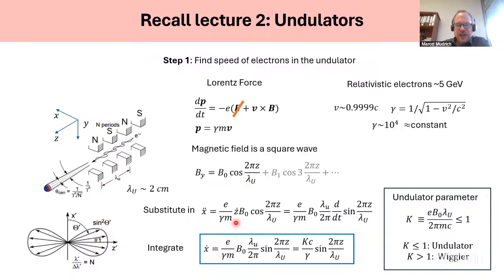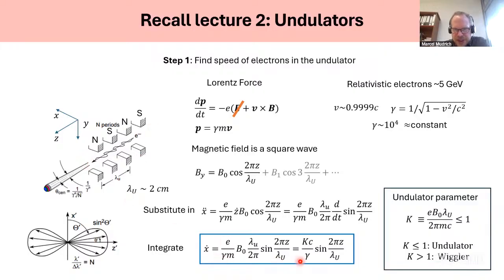Then, going through the math, namely taking the acceleration, so force equals mass times acceleration, and the force is given by the Lorentz force, where we stick in the expression for the magnetic field in the B here, we arrived at an expression for the velocity in x direction, which is the transverse oscillation, transverse to the propagation of the electron along the beamline or along the undulator.